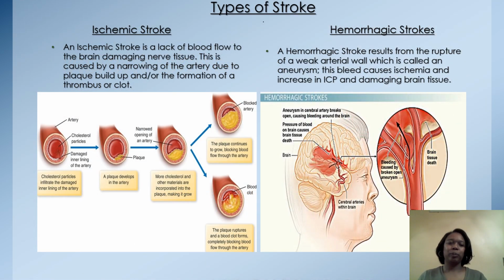Types of strokes. So let's just review, side by side, ischemic as well as hemorrhagic strokes. An ischemic stroke occurs when a clot or a mass clogs the blood vessel, cutting off the blood flow to the brain cells. And in this diagram that I have here, you can see that the artery wall is damaged, then plaque starts to accumulate, then we have an increased amount of plaque accumulating, and then the artery begins to narrow.